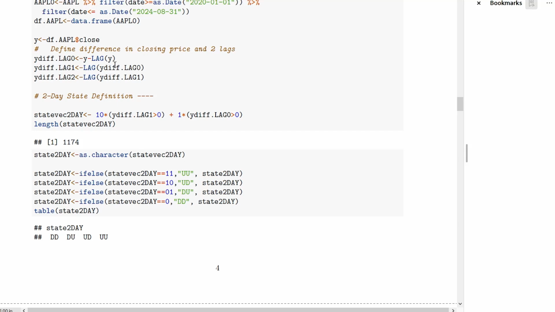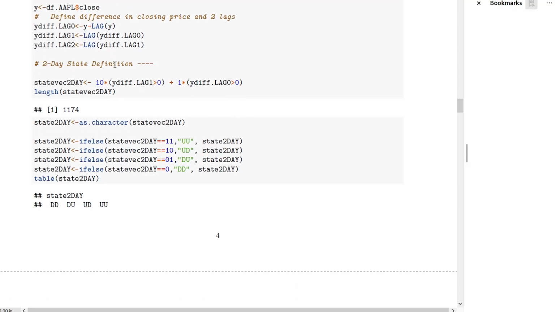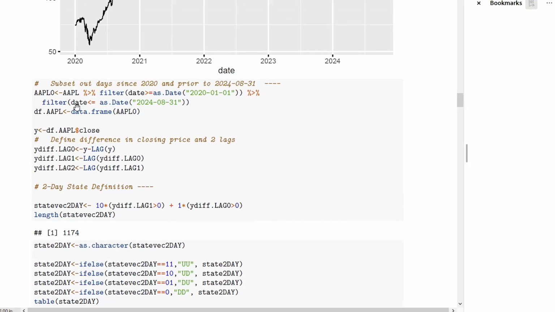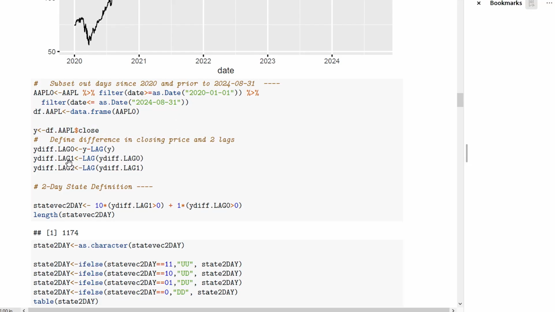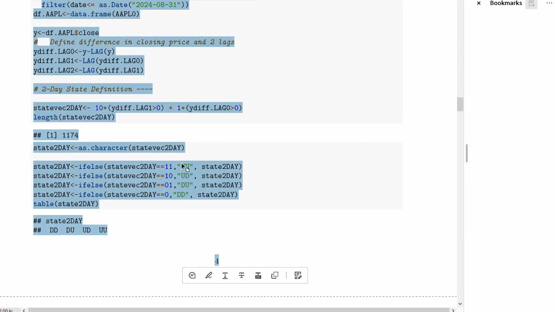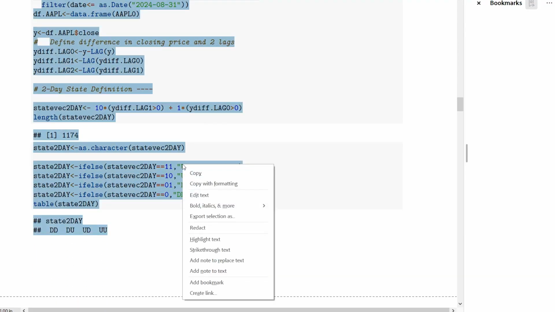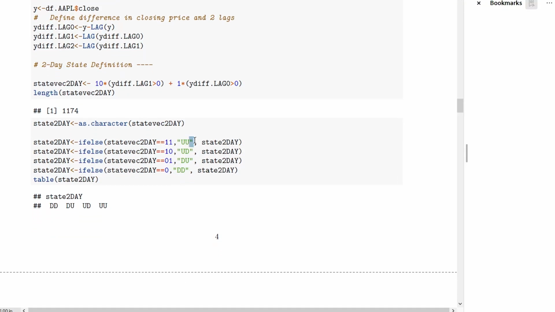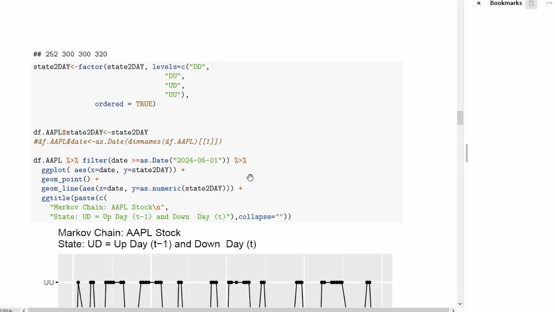And so the code here goes through, and with Apple closing prices, we define differences in closing prices for 2 lags, and then talk about defining up days in this section here, up down days, down up, and so forth.